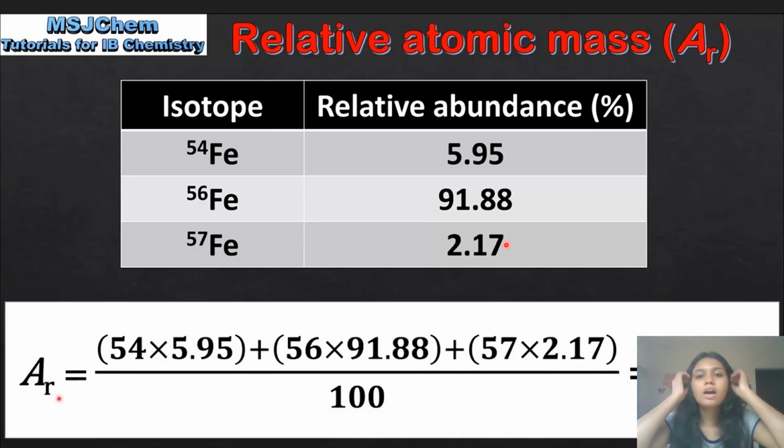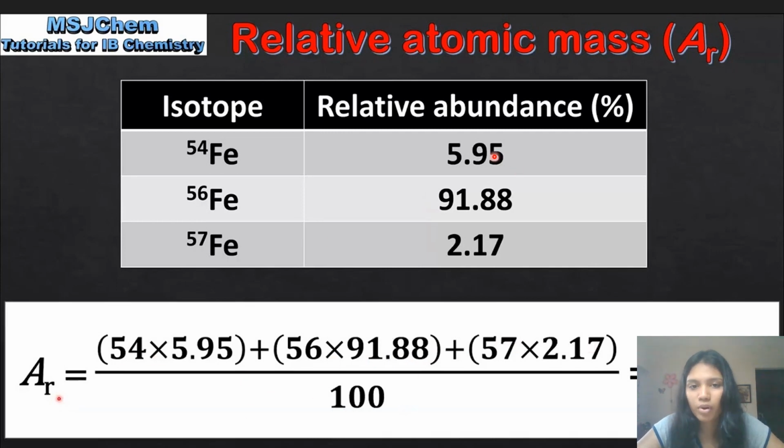So now how we find out the relative atomic mass, that's the average atomic mass of the element. You basically multiply each mass, not the proton number, the atomic mass, by the abundance. You add each of these and then you divide by 100.